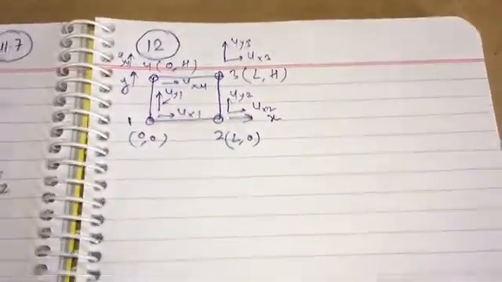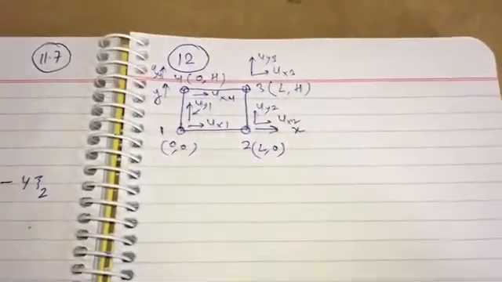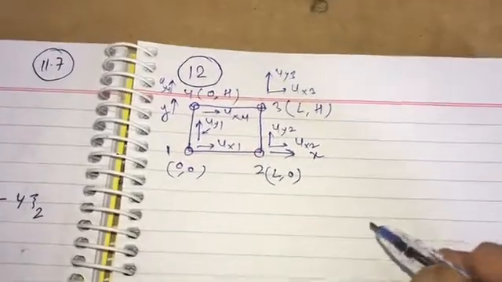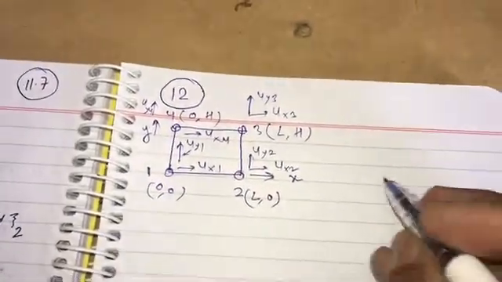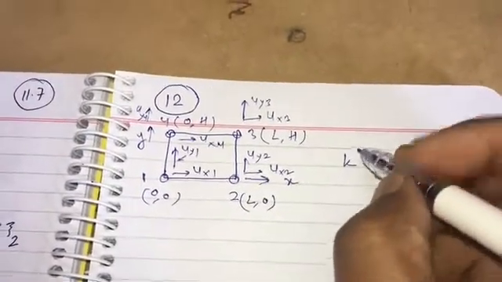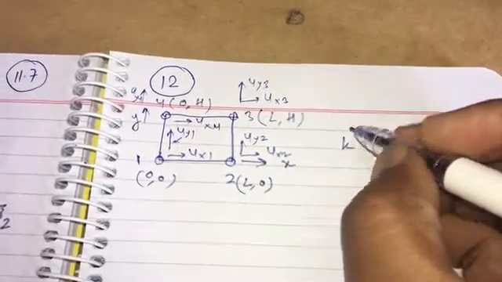So in this case we have to find out the expression. The expression we know already, so we don't have to derive it again. We have derived it already for any number of nodes.